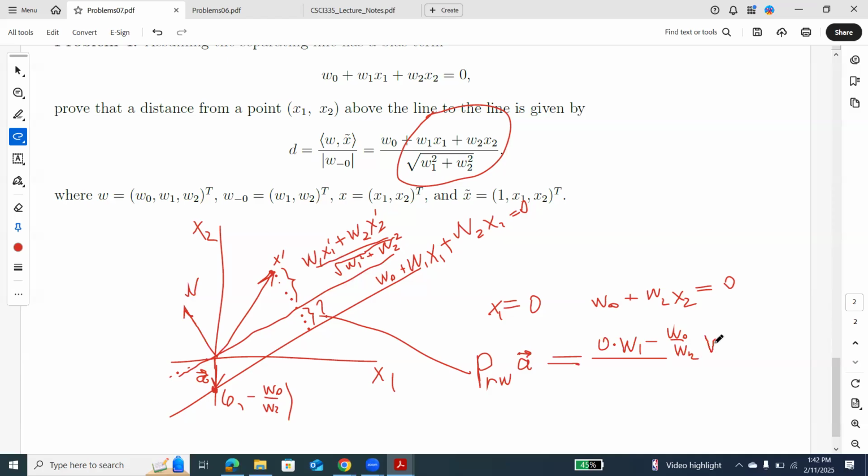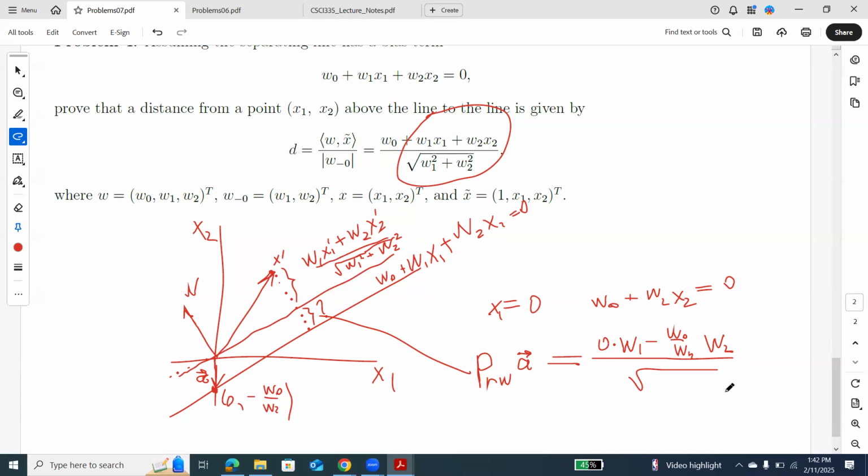So this is the dot product. And then we should divide by the length of vector W. You can see that only W0 remains. And this W0 over square root we add in our final formula.